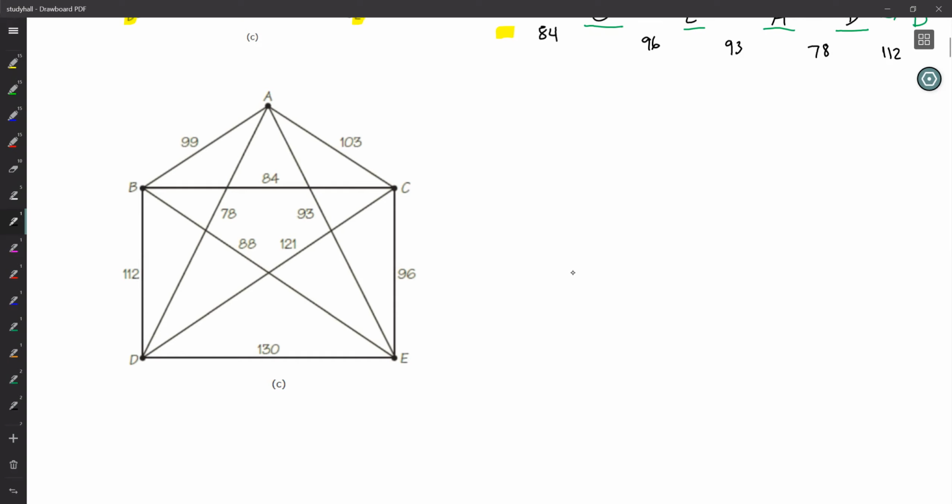All right, so the lowest number is a 78, which corresponds with AD. Then we've got an 84. And then we've got an 88. 88 is BE. I think 93 is the next one. 93 is AE.